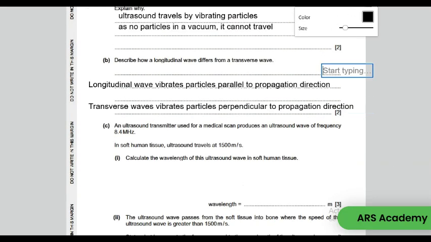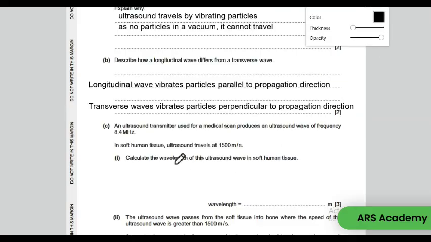Question C. An ultrasound transmitter used for a medical scan produces an ultrasound wave of frequency 8.4 MHz. In soft human tissue, ultrasound travels at 1500 meters per second. Part 1. Calculate the wavelength of this ultrasound wave in soft tissue.